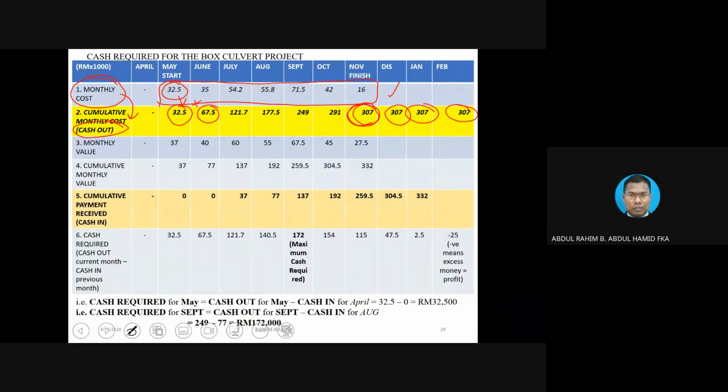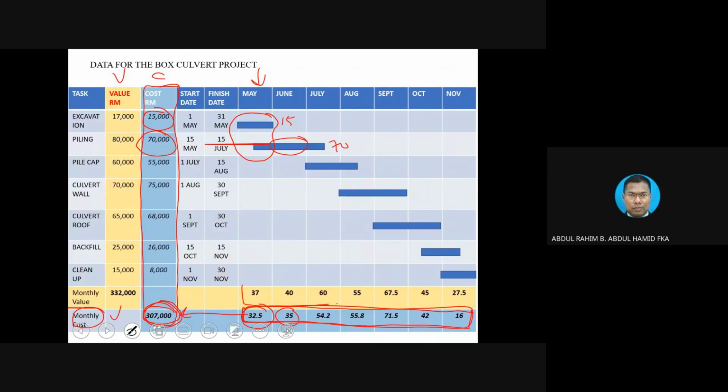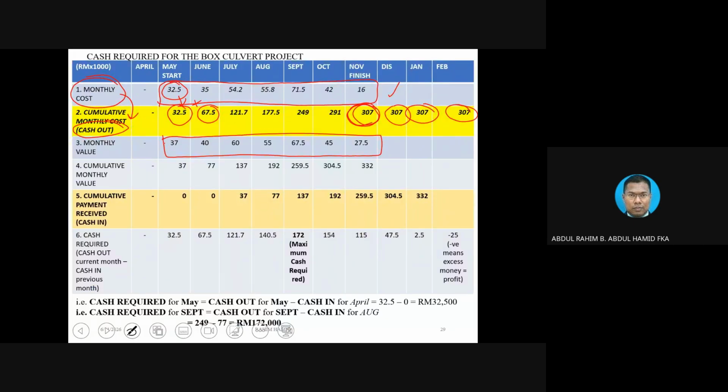Now we are doing the cash in. Okay, we start with monthly value, row number 3. Where does this amount come from? From the previous one here, this we already calculated based on value. So you just copy and paste between the start and finish.